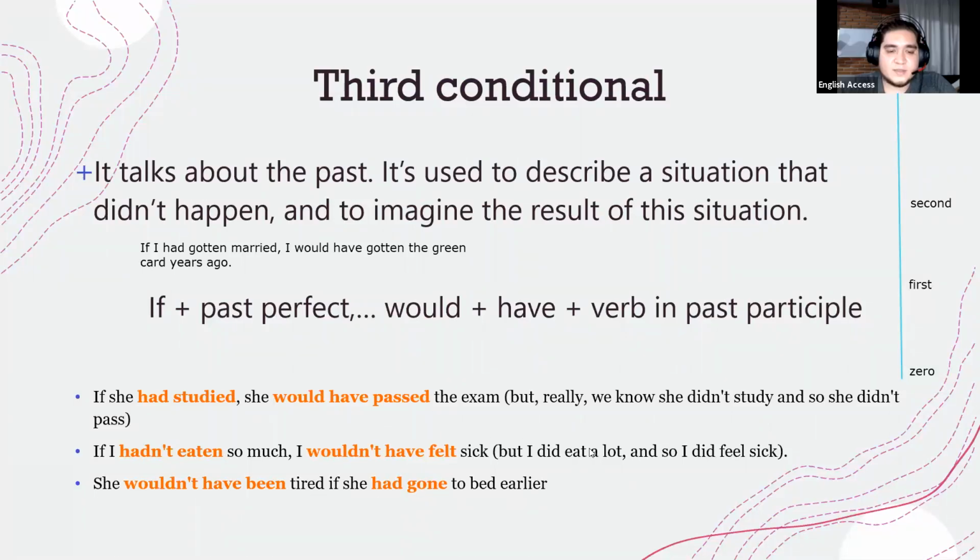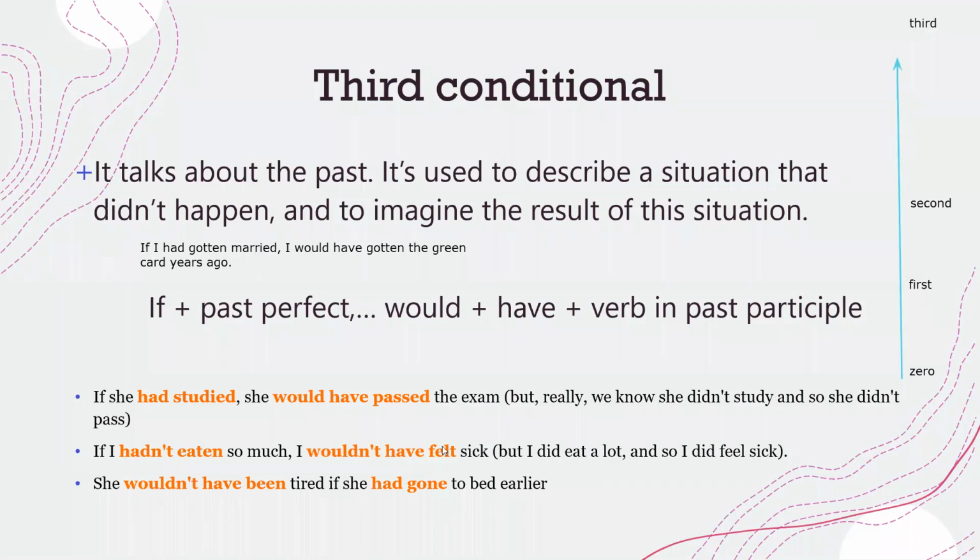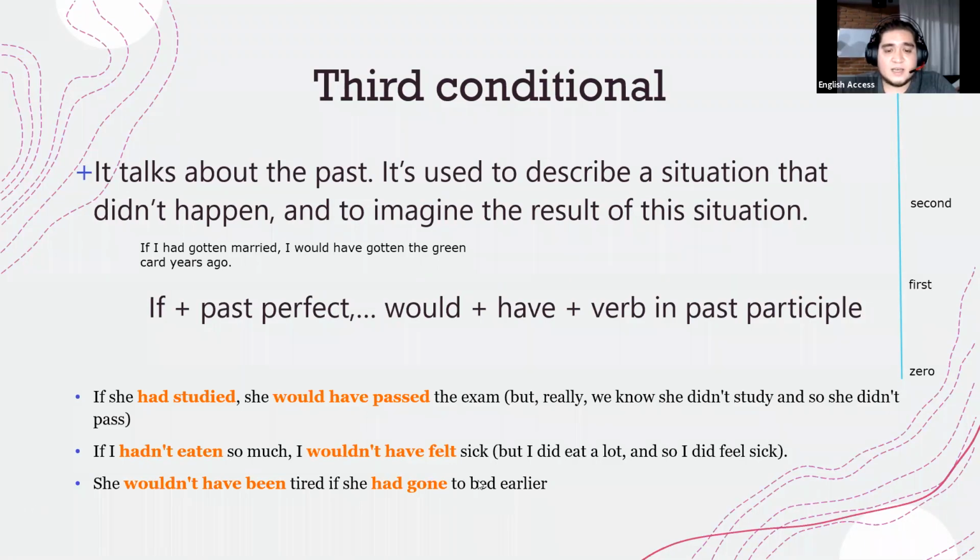Very good. And as you can see here, it changes the order, right? We don't have, if she had gone to bed earlier, she wouldn't have been tired, right? It is inverted, but it makes sense because we have the if clause and we have the past modal clause, which is all that we need for the third conditional, right?